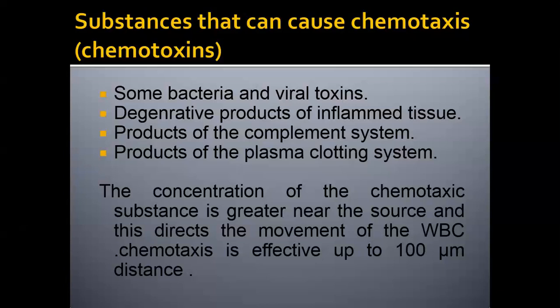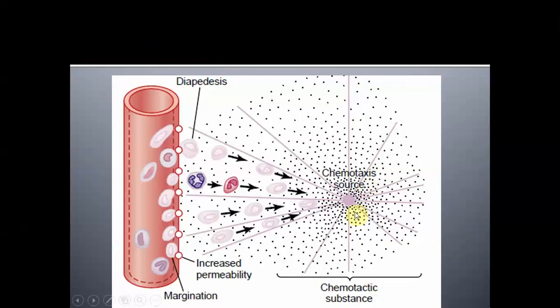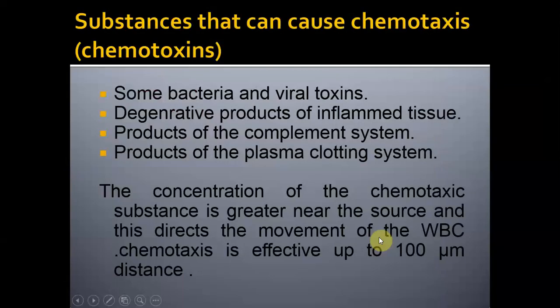All these substances are able to attract the white blood cells to the site of inflammation. And as we see here, the concentration of the chemotactic substances will be the highest surrounding the focus of injury or infection, and the further we move away from it, the lower their concentration. Of course, it can be effective up to 100 micrometer distance.